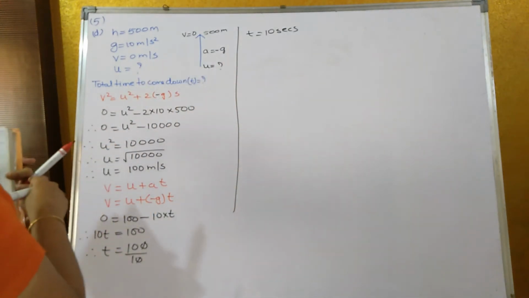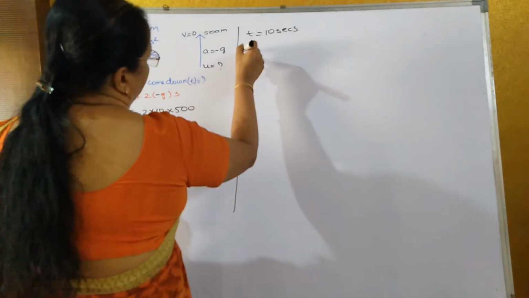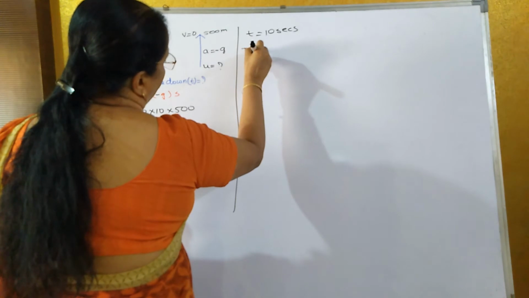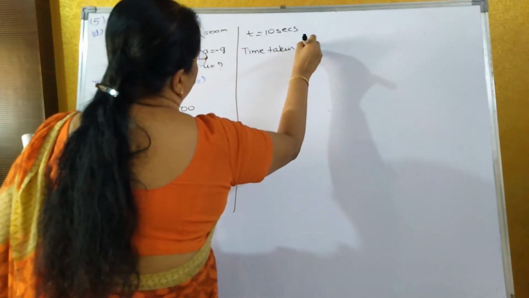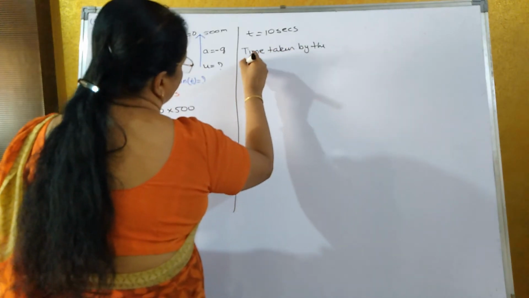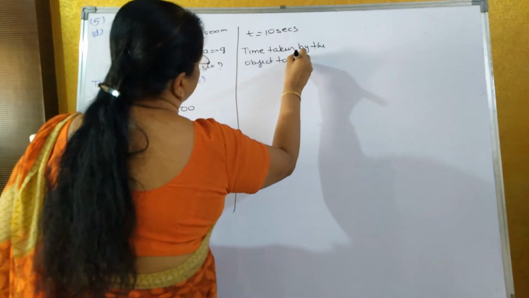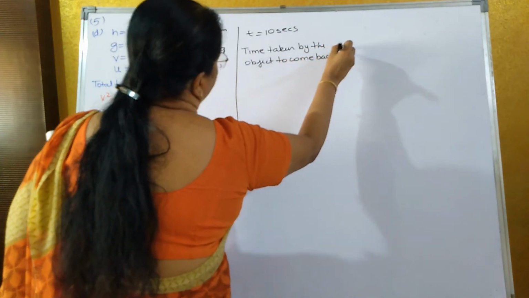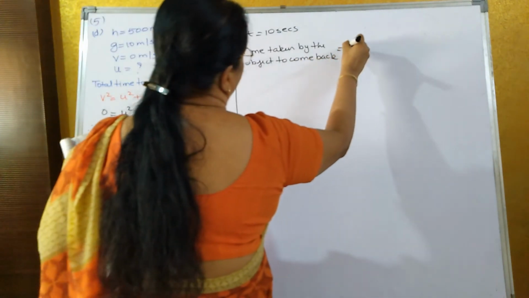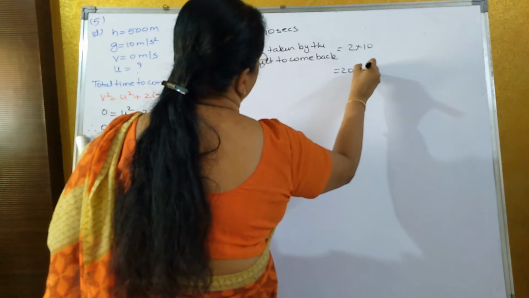So the total time taken by the object to come back will be equal to 2 into 10, that's equal to 20 seconds.